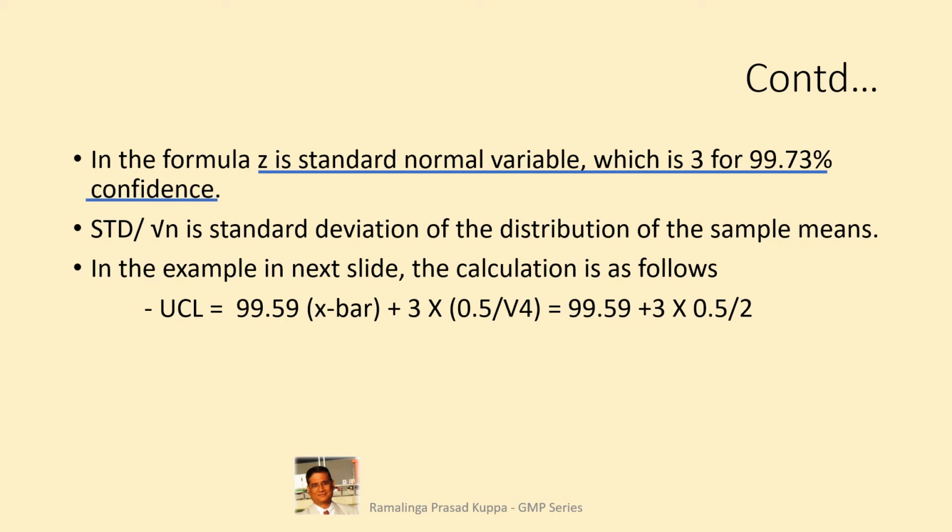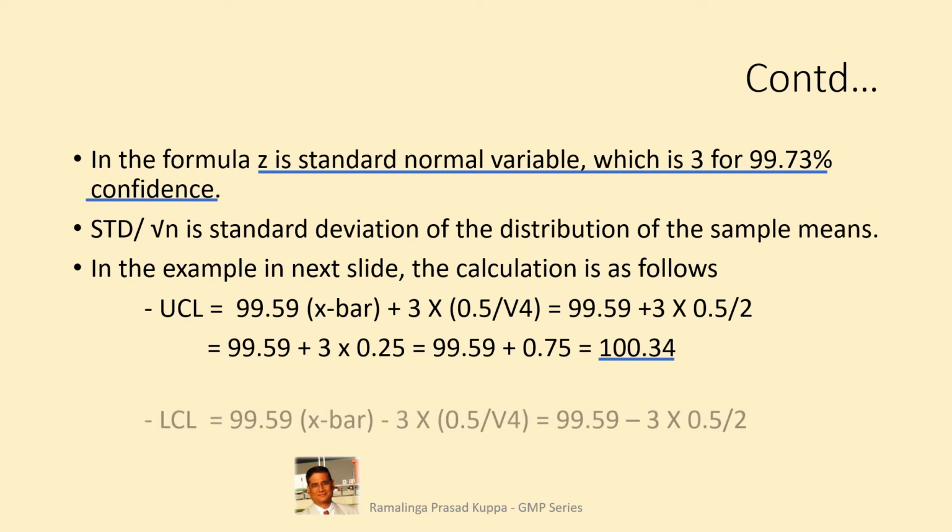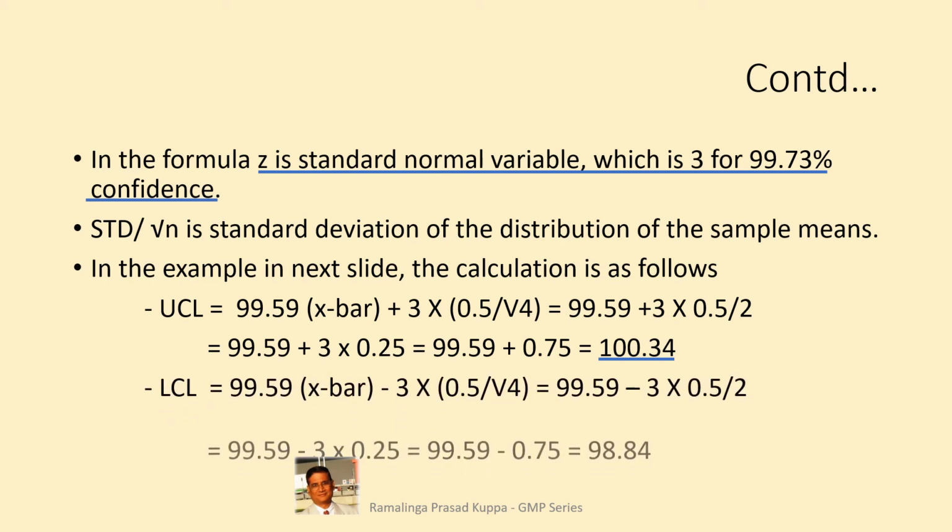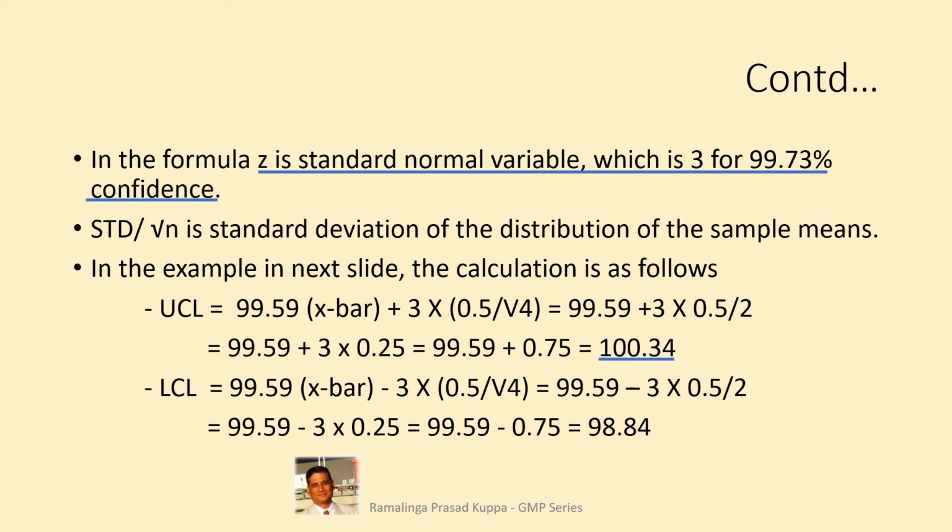The value is 99.59 plus 3 into 0.5 by 2, which is further calculated as 99.59 plus 3 into 0.25, which becomes 99.59 plus 0.75, which yields 100.34 for the upper control limit. Similarly, you can calculate the lower control limit and the value will be 98.84.